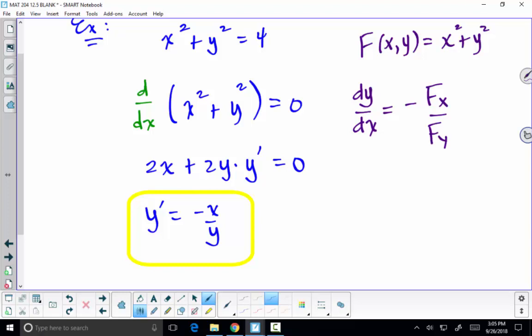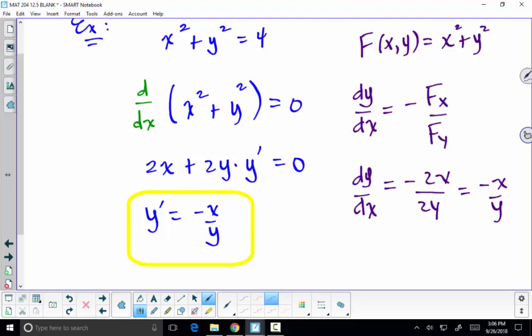So this will give us a shortcut method to avoid implicit differentiation and use partial derivatives instead. So let's watch how quick this is. dy dx is minus F sub x over F sub y. That's minus 2x over 2y. Cancel out the 2, and we get it instantly. Oh, nice.